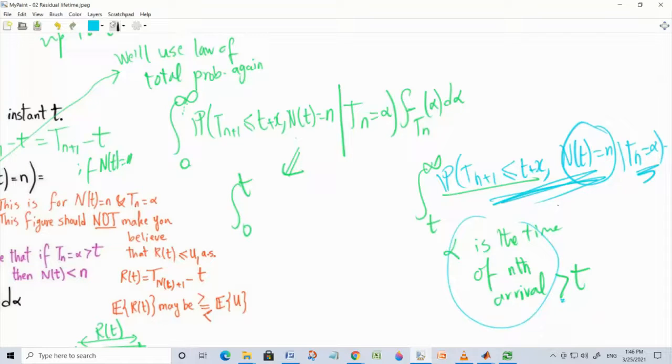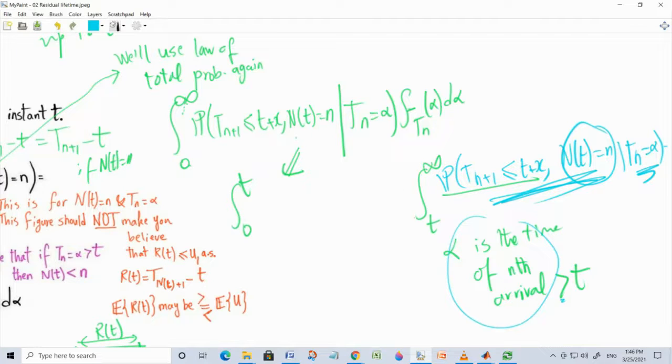Because we are asking, what is the probability of the event that N(t) is equal to n, while conditioning on the nth arrival occurring at a time alpha greater than t, which means that at time t we don't have the nth arrival. The nth arrival will happen after that, so N(t) cannot be equal to n.